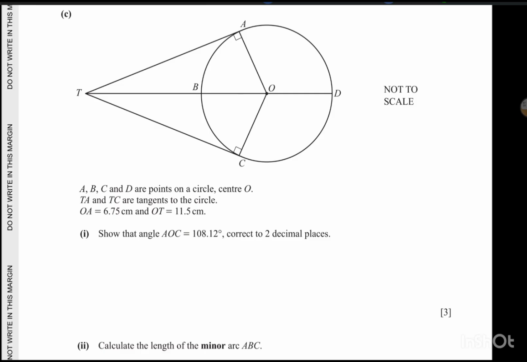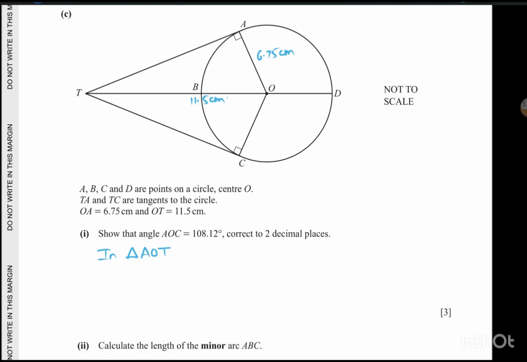So now let us take the right triangle AOT. Let me write the measurements, 6.75 centimeters, and this is 11.5 centimeters. Now in triangle AOT, it's a right triangle, so OT is the hypotenuse here.